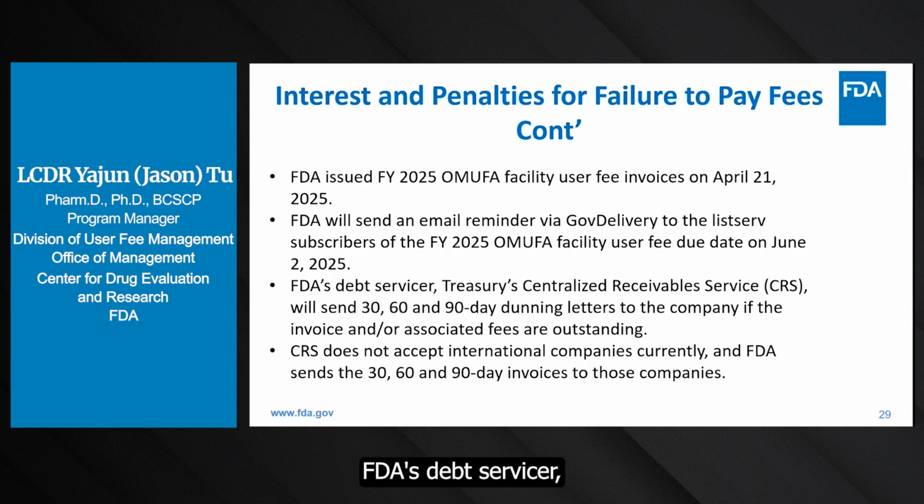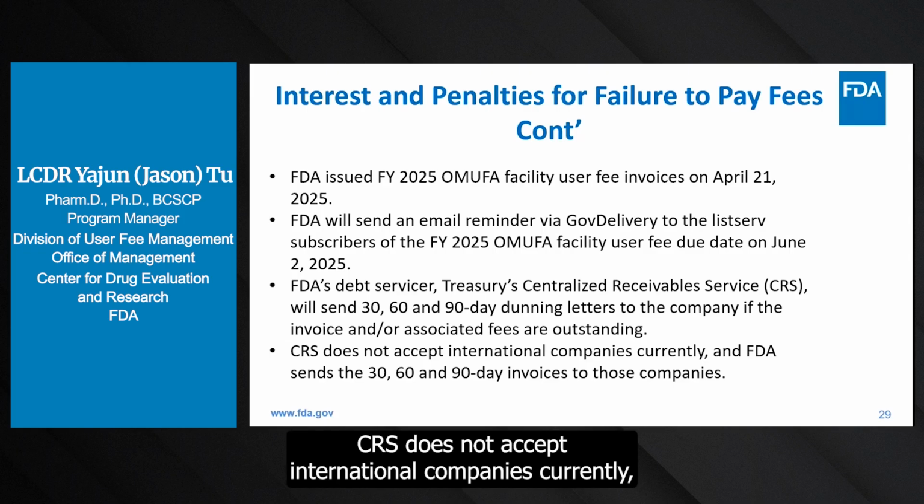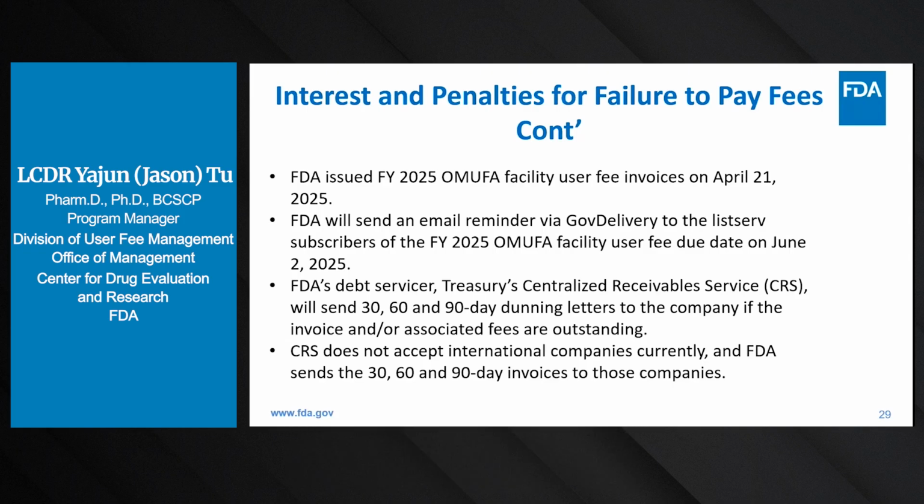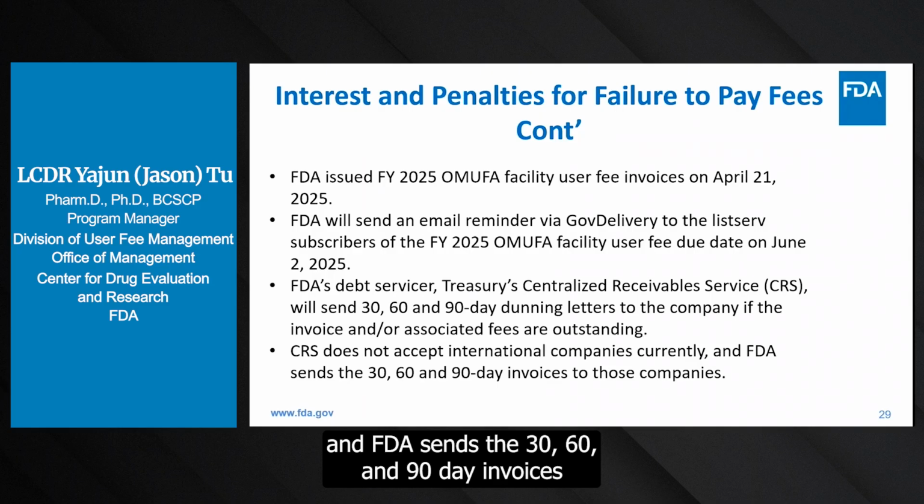FDA's debt servicer, Treasury's Centralized Receivable Service, or CRS, will send 30, 60, and 90-day dunning letters to the company if the invoice and/or associated fees are outstanding. CRS does not accept international companies currently, and FDA sends the 30, 60, and 90-day invoices to those companies.